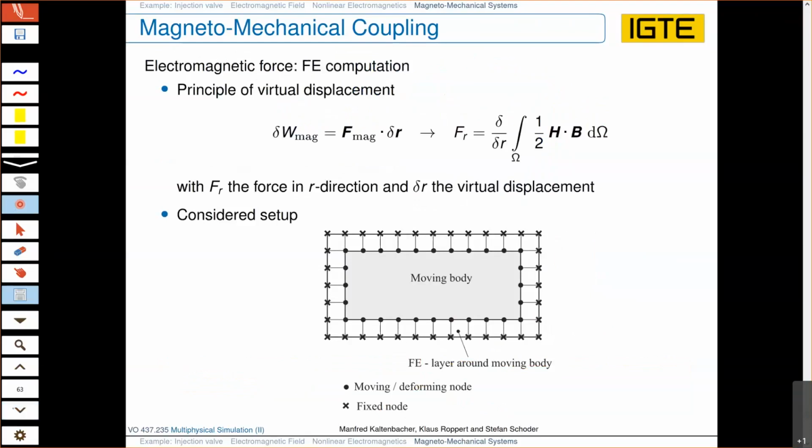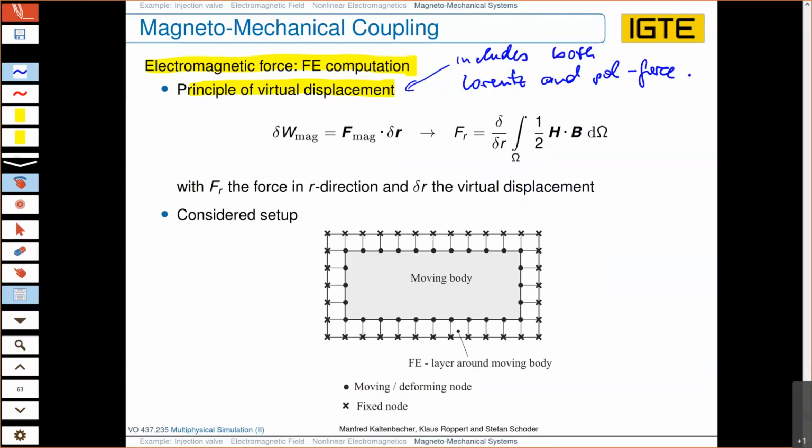Okay, the second possibility, how we can compute electromagnetic forces, is the principle of virtual displacement, and it includes both the Lorentz and Pole force together.